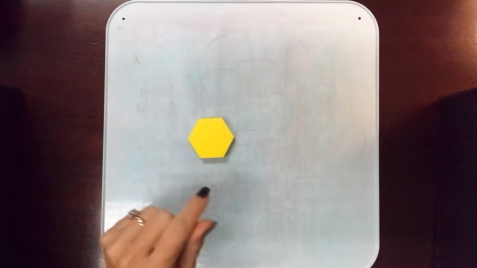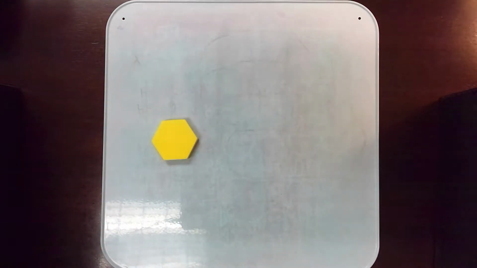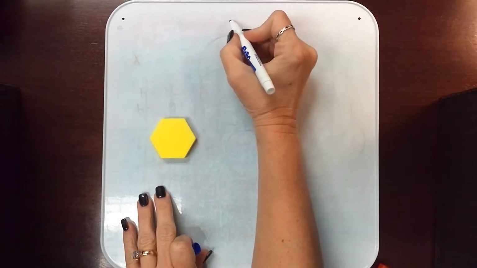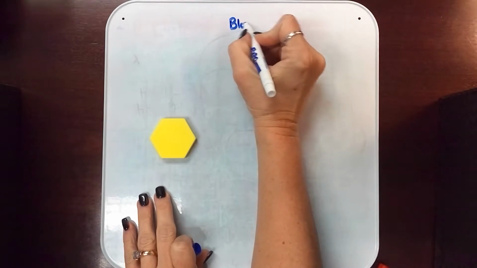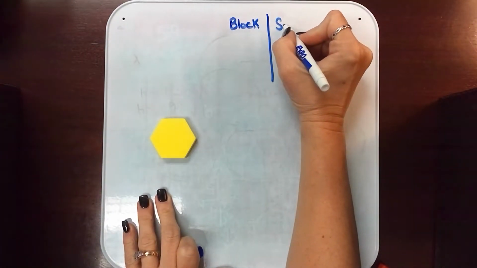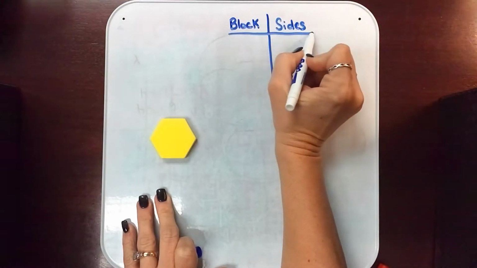One of the things that we recommend is using the pattern blocks. So I may say, one block has how many sides? You're going to start off simple with kids like this. One block has how many sides?